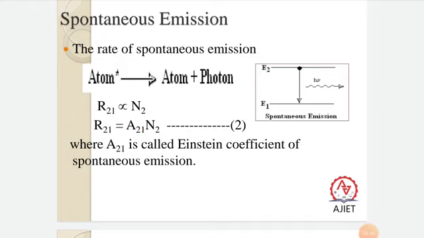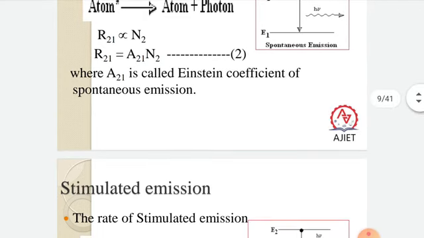Hence we can write excited atom gives atom plus photon, the rate equation. So R21 is equal to A21 into N2, where A21 is a constant called the Einstein coefficient of spontaneous emission. Note the notation A21: the atom de-exciting from state 2 to 1.